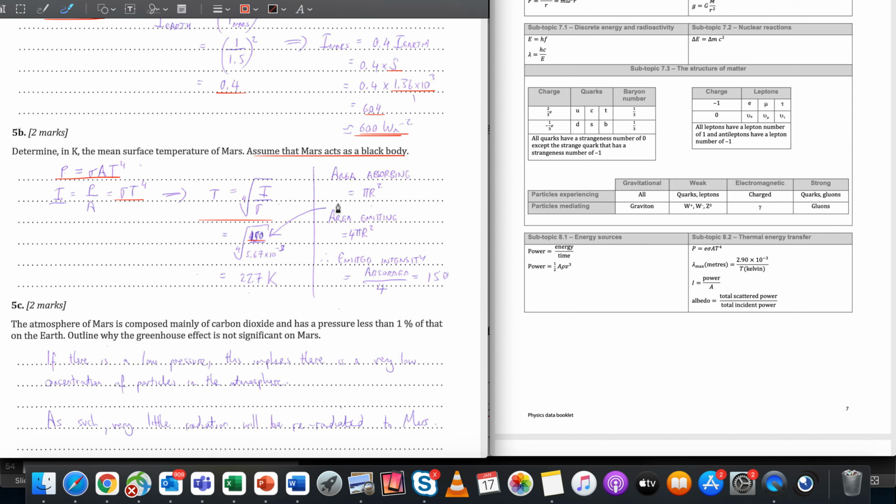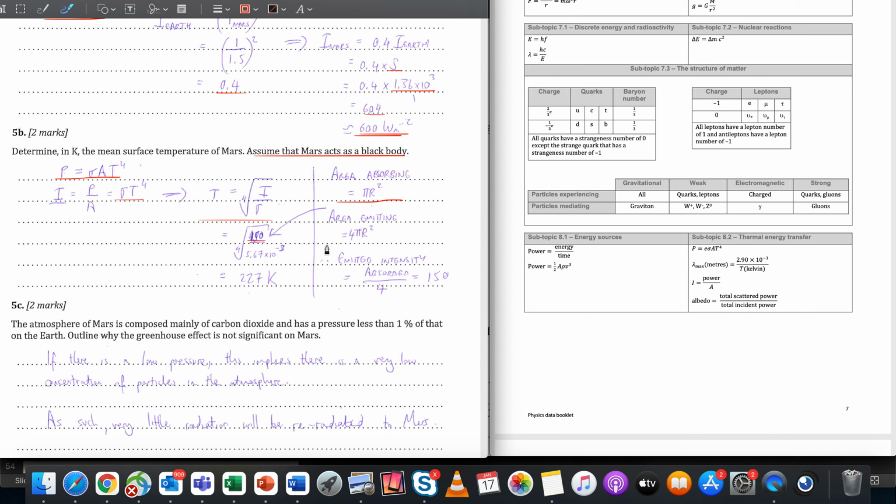Remember, the area of Mars which is actually doing the absorbing is simply the area of a circle. So we have a 2D projection whereby the amount of energy picked up by a spherical planet is equal to the intensity times an area, and that area is pi r squared, simply a circle with the same radius as the planet itself.